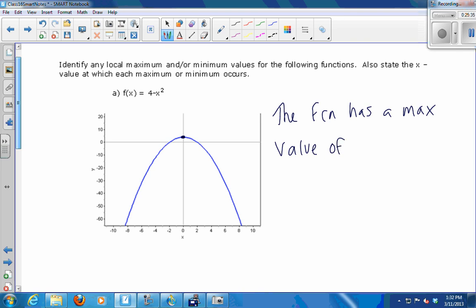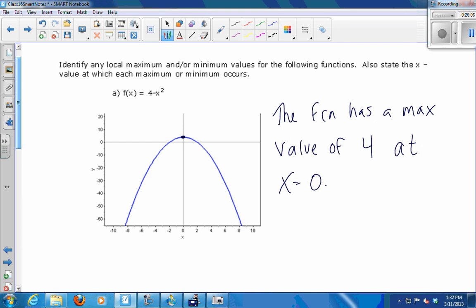The y coordinate of this point would be, it's hard to tell from the graph, but we could figure it out because we have the formula. What's the x coordinate at this point? 0. So if I plug 0 into the formula, I get 4. Yep. So this function has a maximum value of 4 at x equals 0.